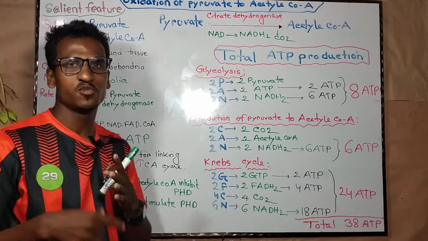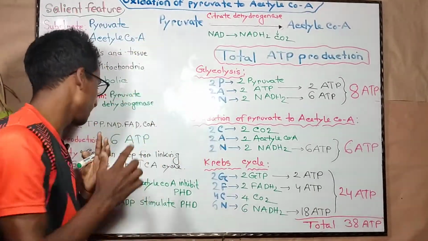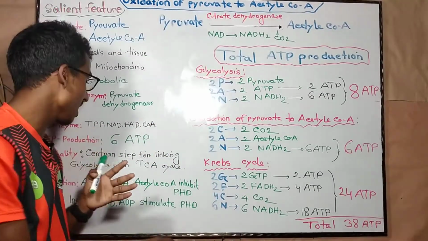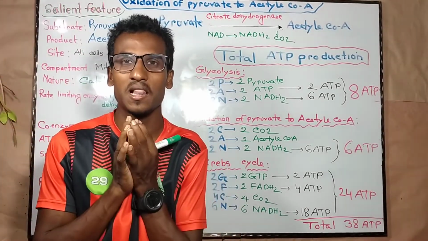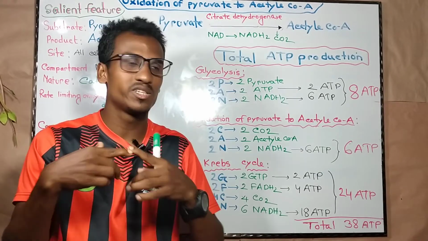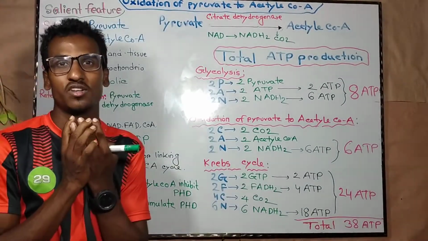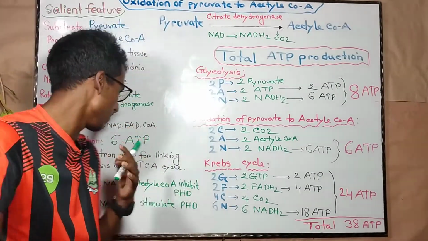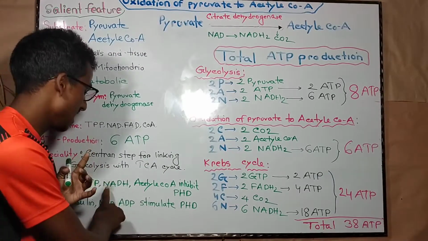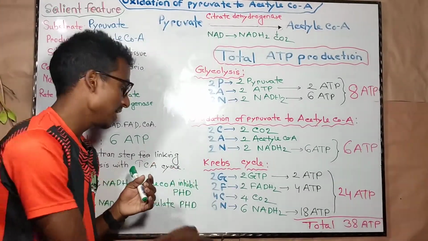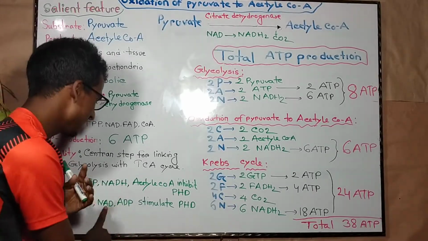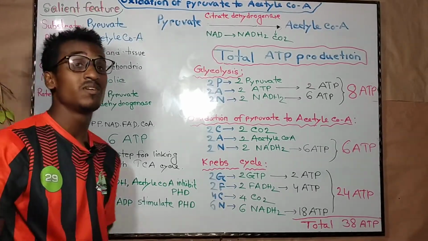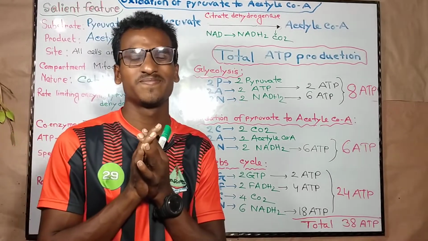The specialty of this process is that it is the central step linking glycolysis and the Krebs cycle. Last, the regulation: ATP, NADH, and acetyl CoA inhibit PDH, while insulin, NAD, and ADP stimulate PDH.